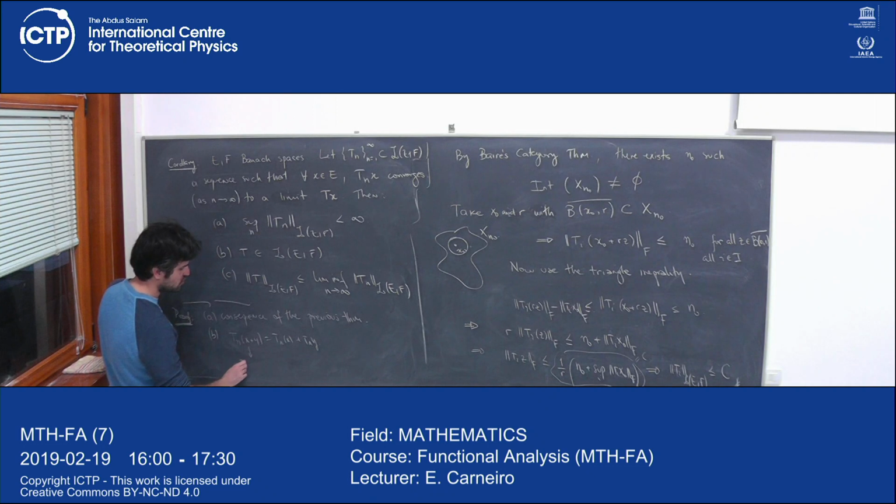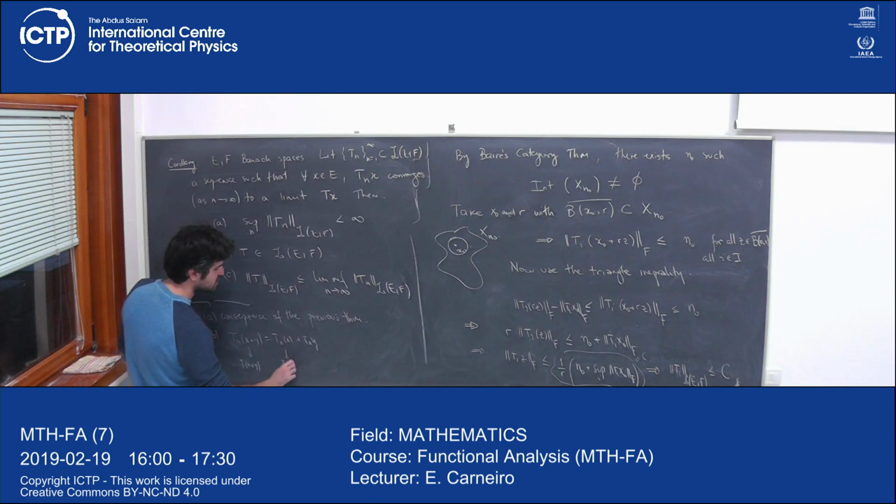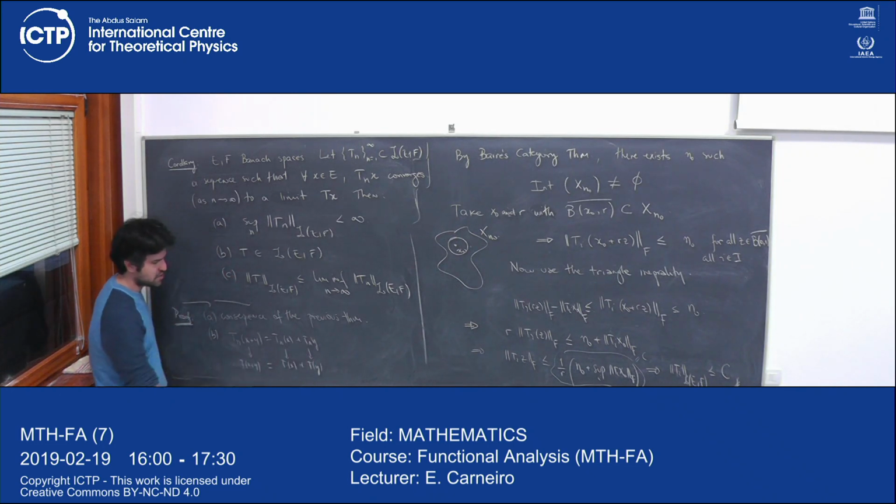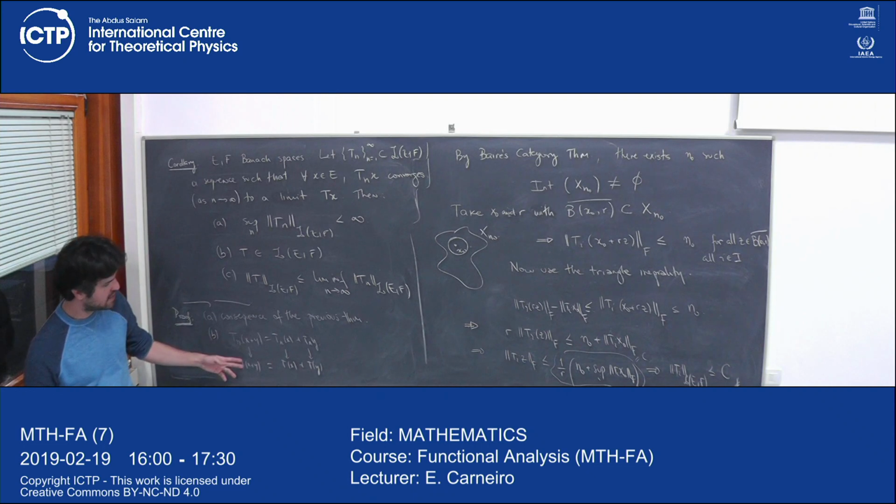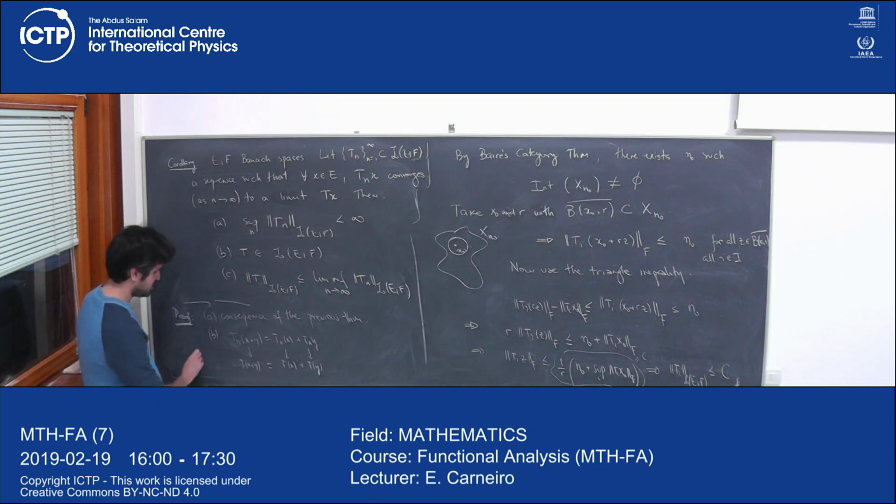So in the limit, this will go to T of x plus y, and in the limit, this will go to T of x plus T of y. So this should be equal to this. You can add x and y, you can obviously multiply by a scalar. So it's linear. This takes care of the linear part.